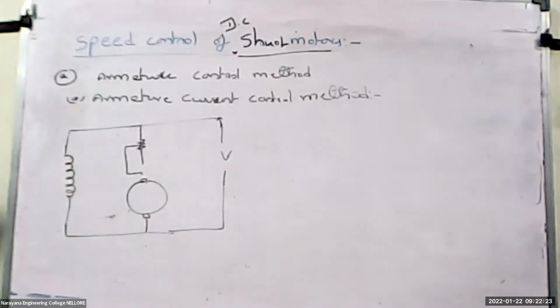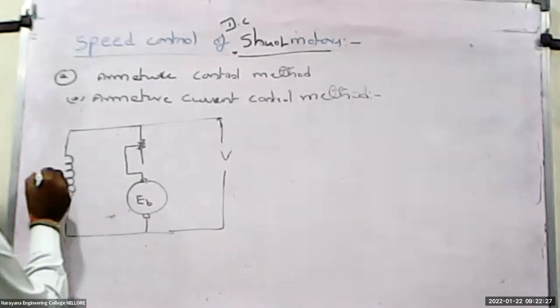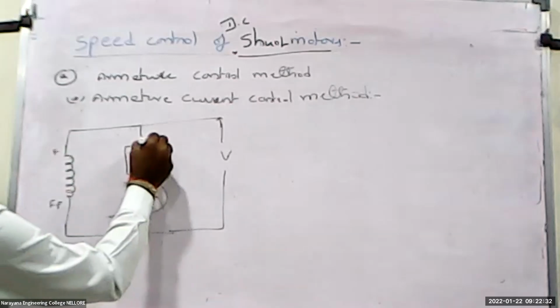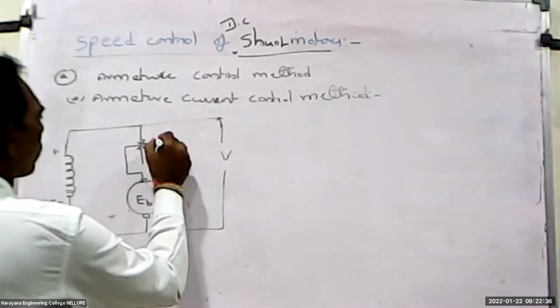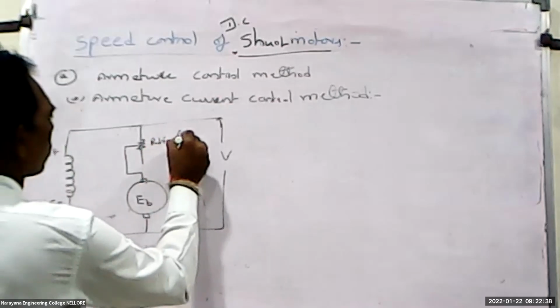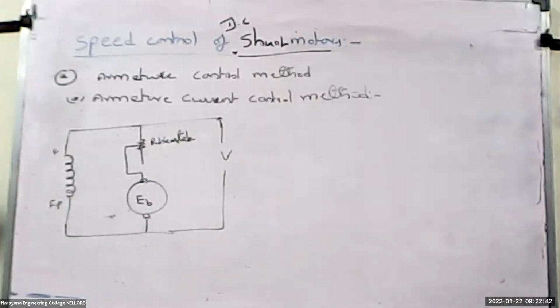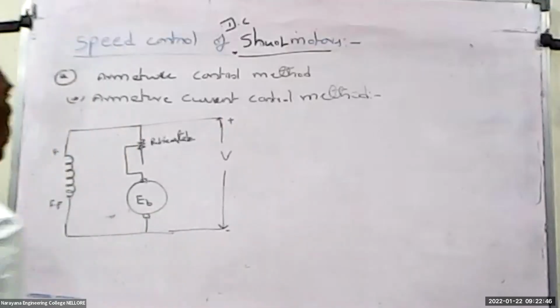That's it. So here this is the back EMF and this is the shunt field winding, and this is called a rheostat. Then we'll consider this one as plus and minus.